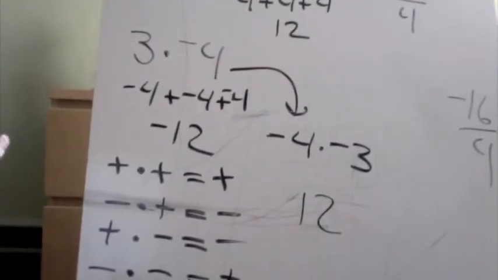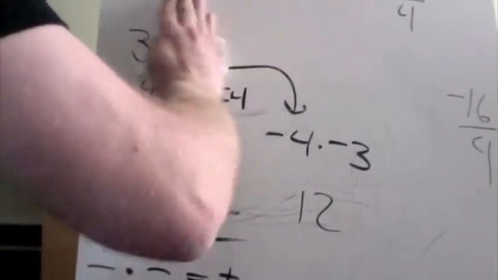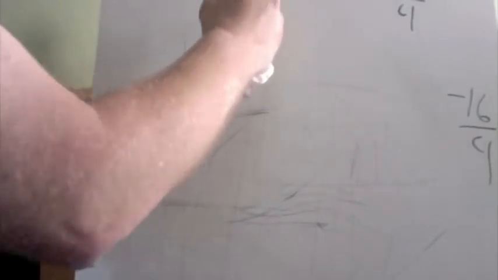Okay? So the same rule applies when dealing with division. What's 16 divided by 4? Sorry, I said 6. I meant 16. 16 divided by 4 is 4. What you're doing is you're taking 16 and dividing it up 4 ways.